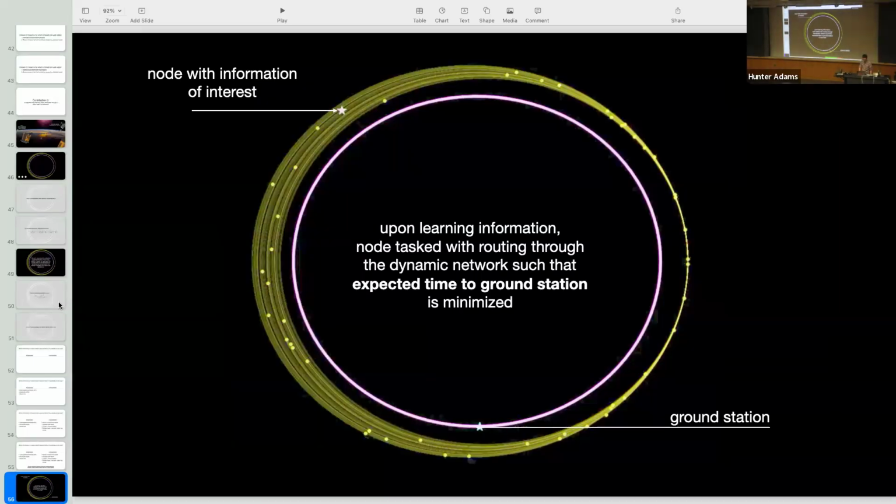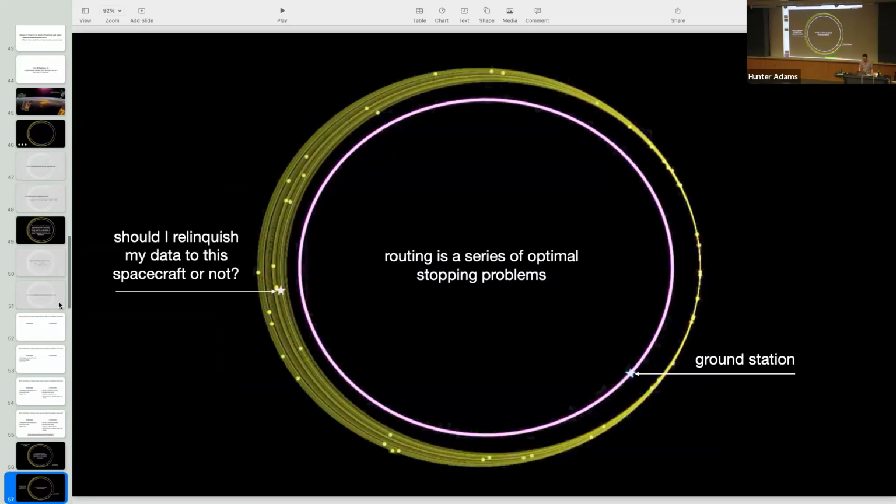And you can frame a problem, like let's say we have some node up there with some information that we want to get to a ground station here. That node doesn't know how many other nodes there are. Its neighbors are changing all the time. It doesn't know where this ground station is. And so as it moves, it's faced with a series of decisions.